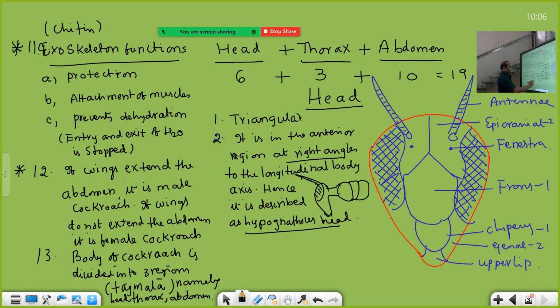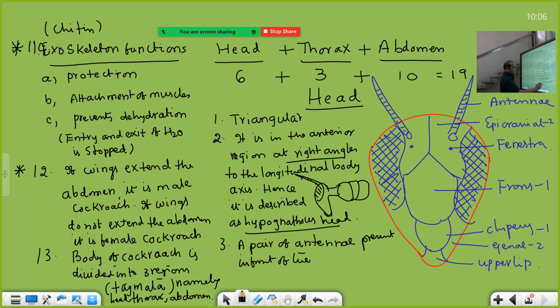So anyhow, in the head region, a pair of antennae are present in front of the eyes. You mention this.